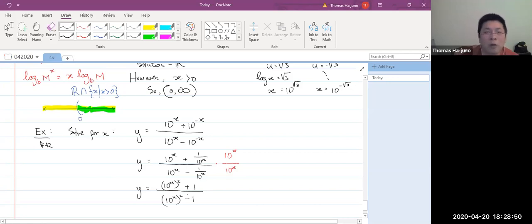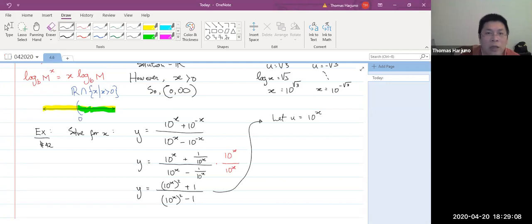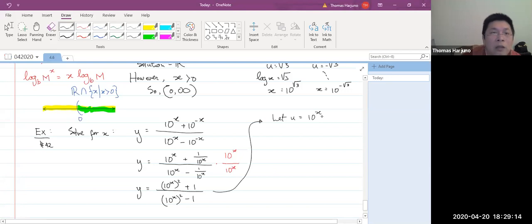Now from here you can do substitution. You can say let u equal 10 to the x. Or, another option is to let w equal 10 to the x squared, because they happen to be 10 to the x squared there for both this guy here and this guy here.